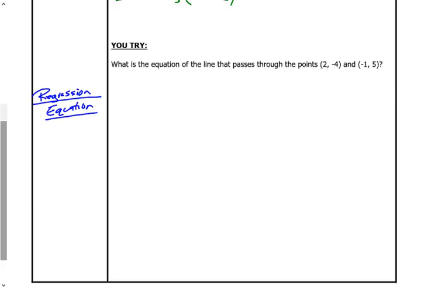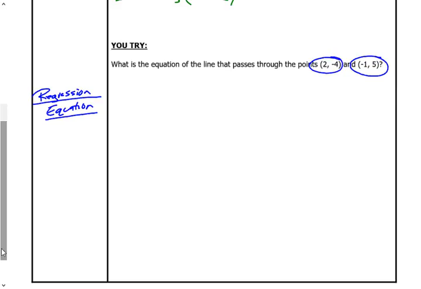Well, it turns out that there's only one line that can connect these two dots. So if I did a scatter plot with just 2 points, I'm literally going to get the exact same line that connects those 2 points. The reason I bring this up is because your calculator will actually do a regression equation for you.